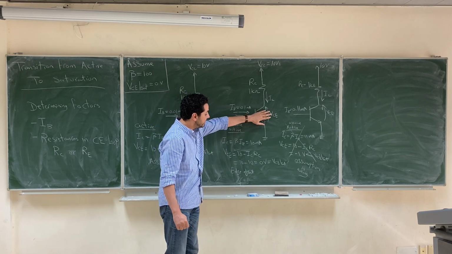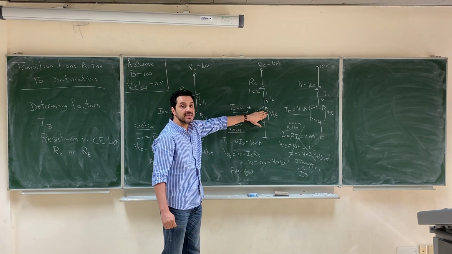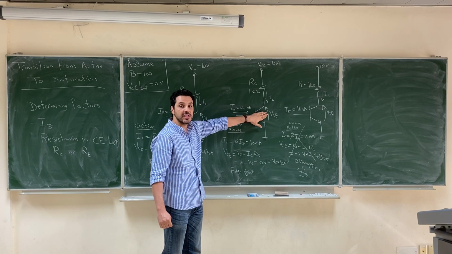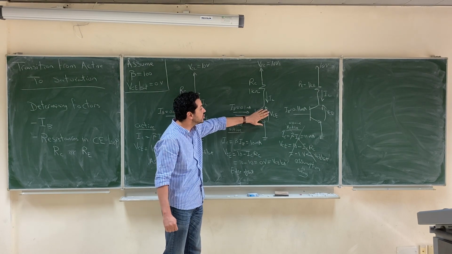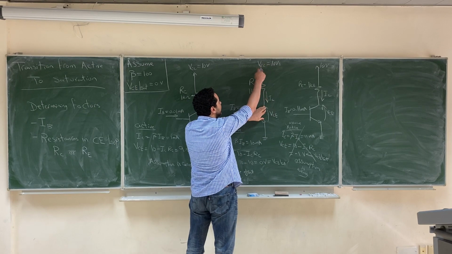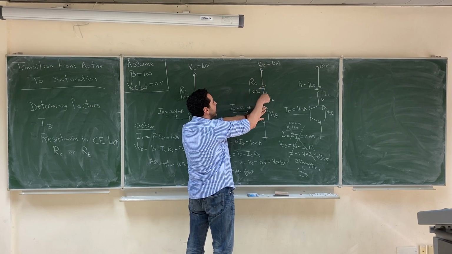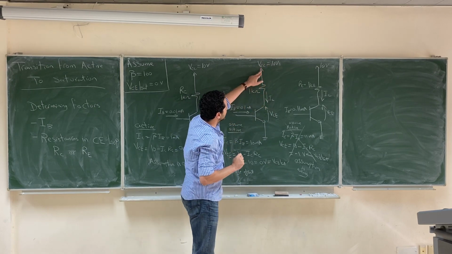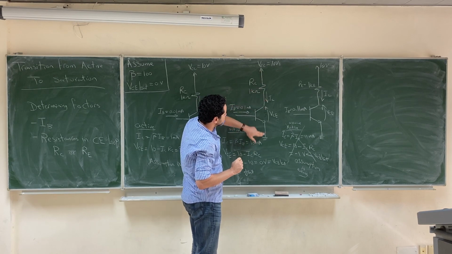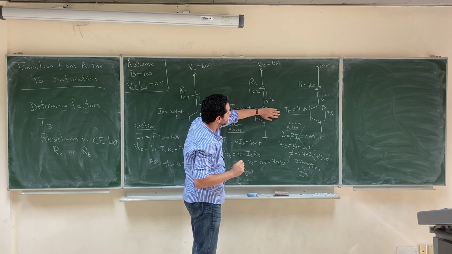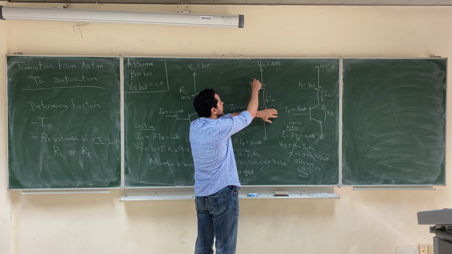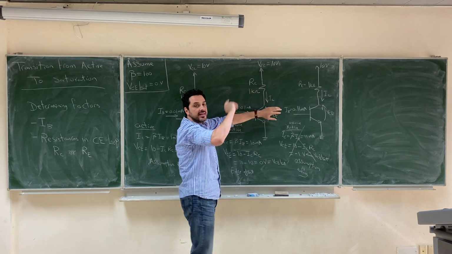And VCE reached 0 volt. So VCE reached 0, which means that the 10 volt here, all of it became a drop across this resistor. If we consider this loop, the collector emitter loop, VCE became 0. This means that the drop across this resistor became exactly 10 volt.